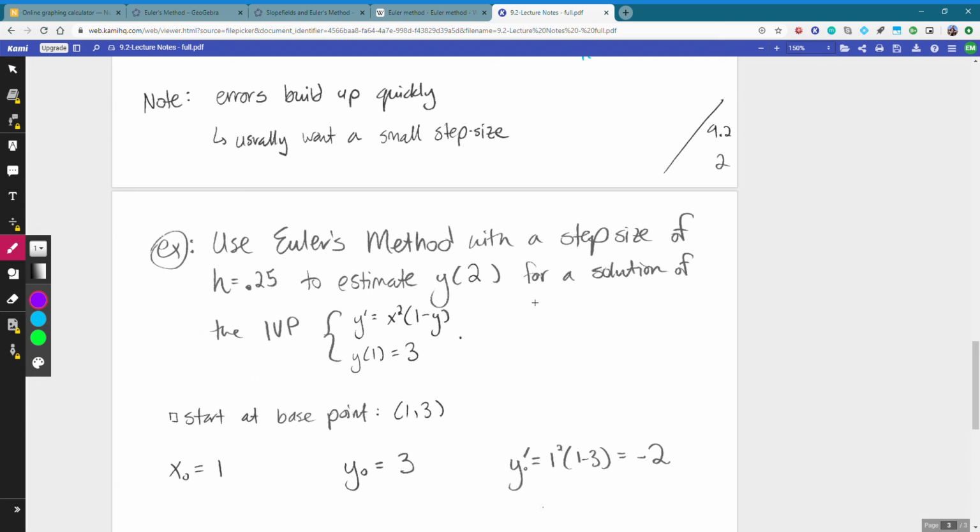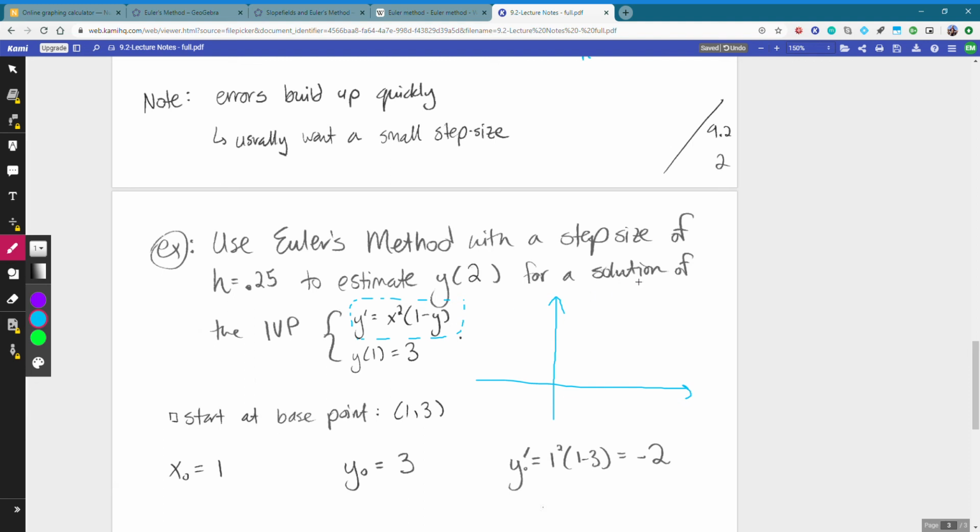We're looking to approximate the y value for a solution of this initial value problem. So we have this differential equation here. We're not going to go through and draw it. We don't need to draw this, but if we wanted to, we could get a whole bunch of points in the plane and start to sketch the direction field for this differential equation.